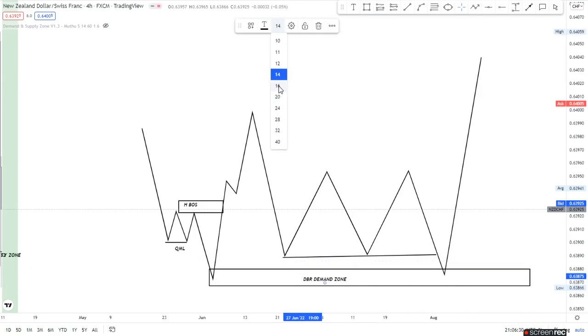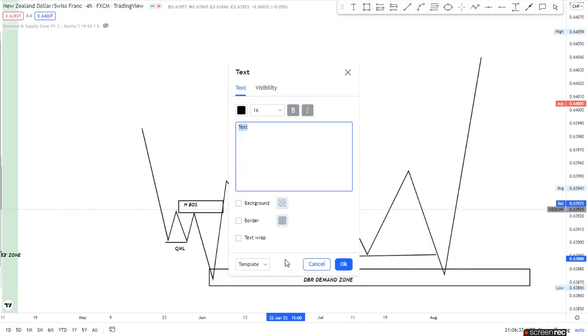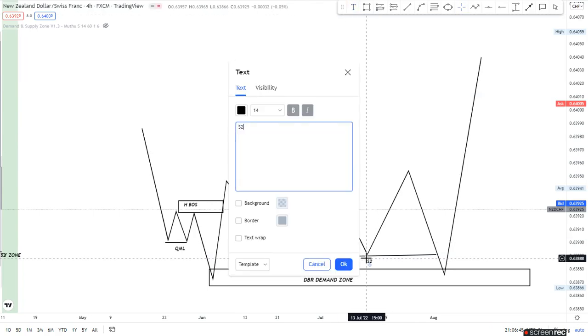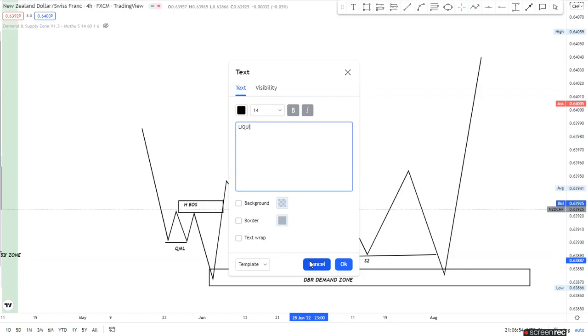Let me just increase to 16 there. Okay, then right here I have an S1, is the first support, and then I have an S2 right here. S1 and S2. Therefore, this becomes my liquidity zone.